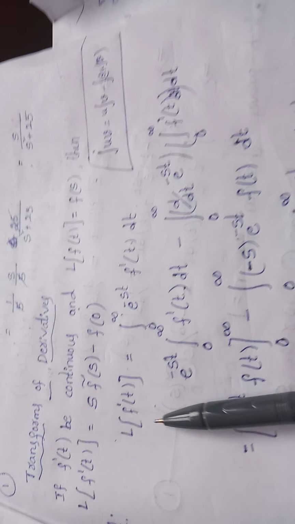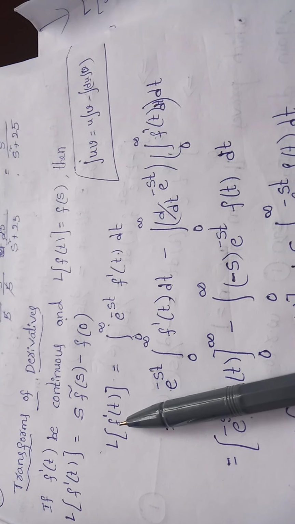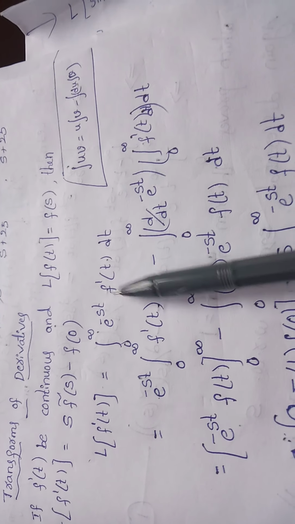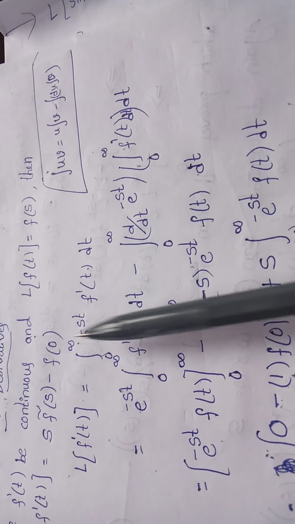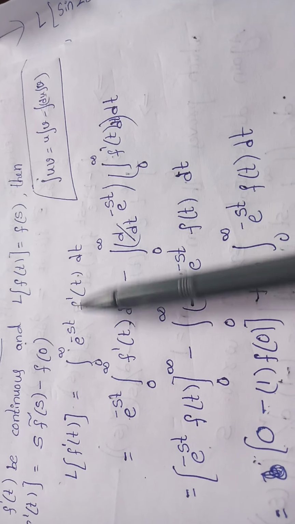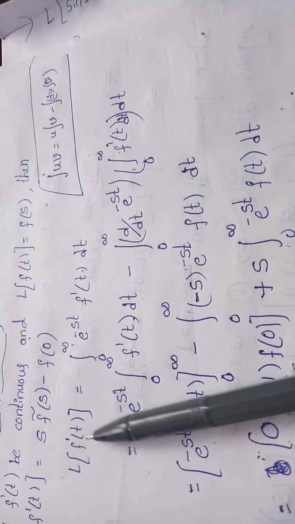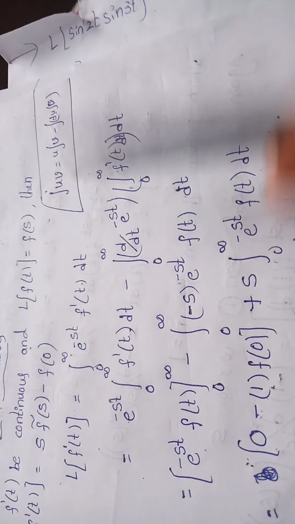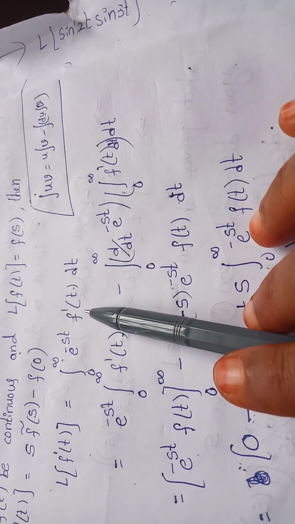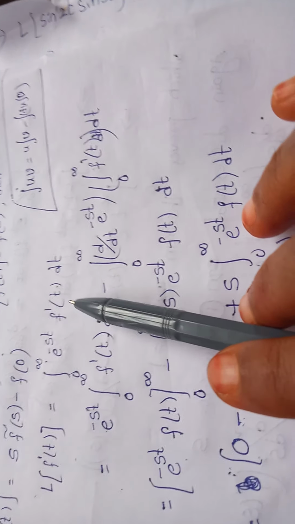We can prove that. You can take the same L of F of t formula. Here L of F dash t is the integral 0 to infinity e power minus st into F dash t. Here the F of t function is F dash t. Okay, so take the integration by parts.